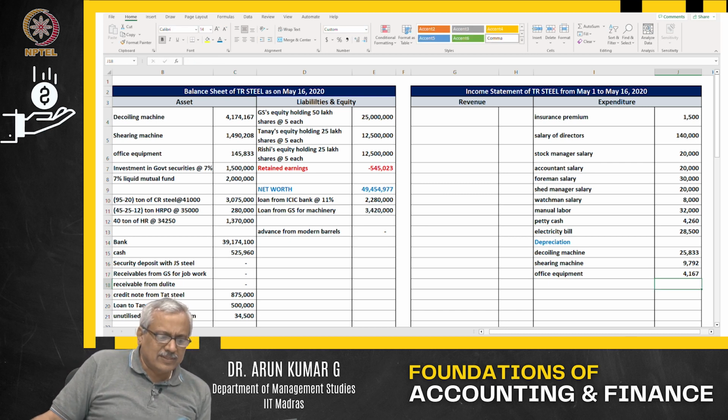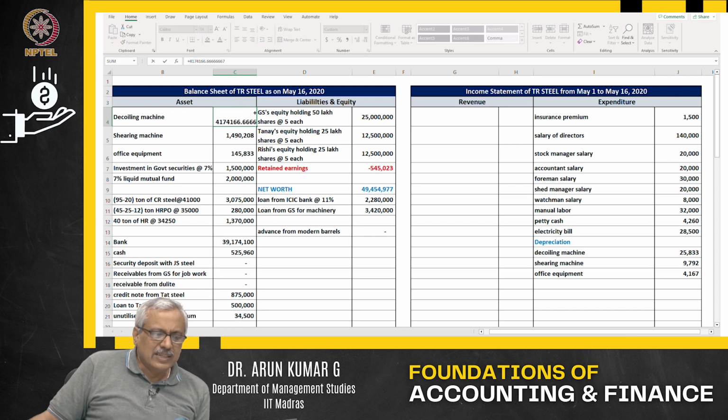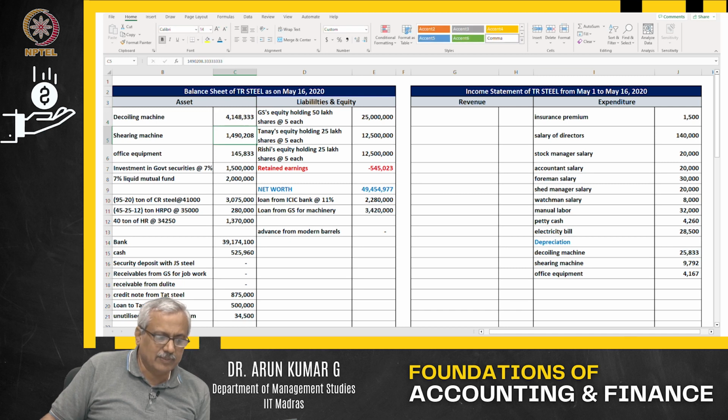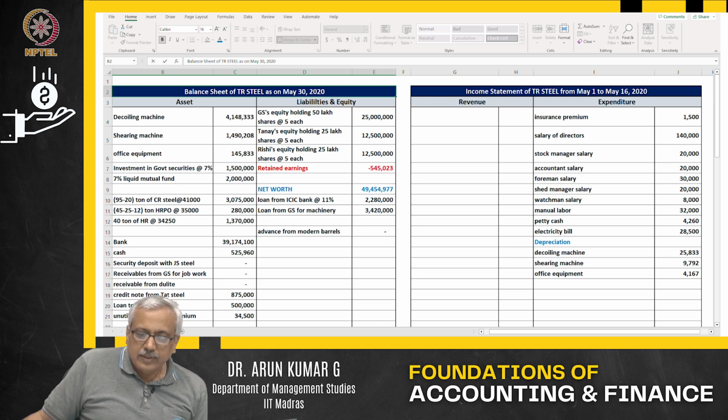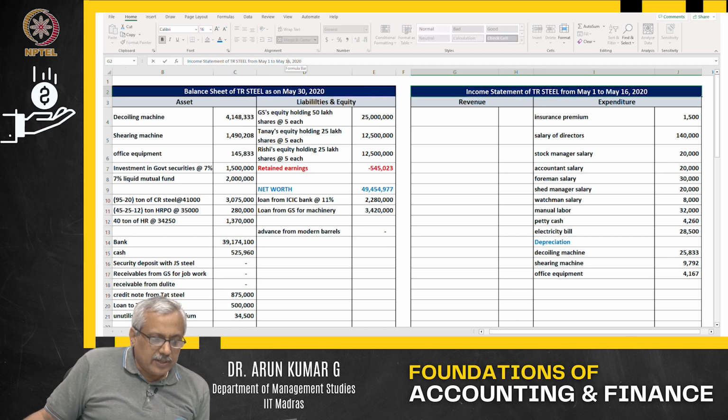But now what happens? This decoiling machine, at the beginning of the year this was the value, and that has further reduced by so much by the end. All these are as of May 30th, so I have to make the change in the date as of now, all these as of May 30th, 1st May to 30th May, before the salaries payment.